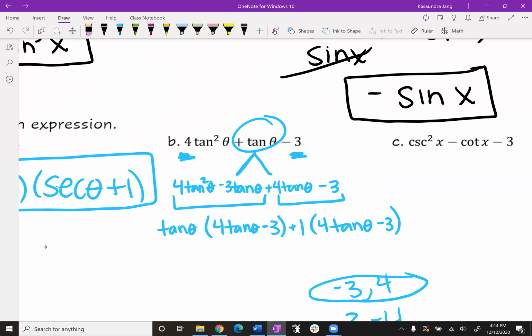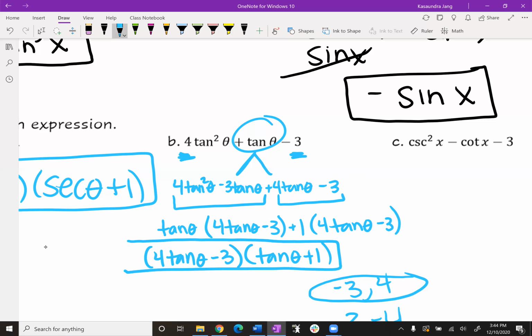That's why we did it this way, because now my overall GCF is the 4 tangent of theta minus 3. And the leftovers are my tangent of theta and my positive 1. So, tangent of theta plus 1. All right, so we have totally factored into these two factors. And the nice thing is you can then distribute, if you want to check your answer, and see if it gets you back to what you started with.